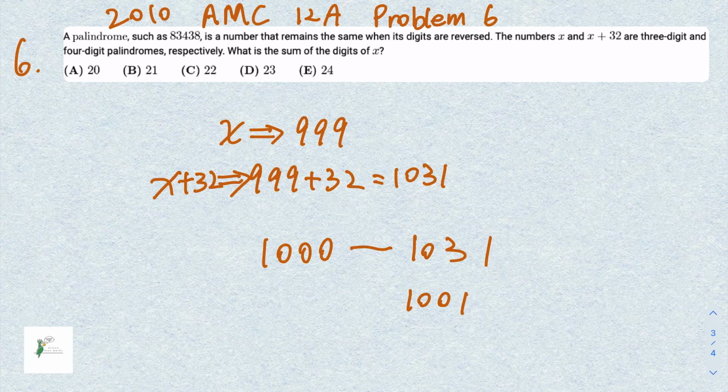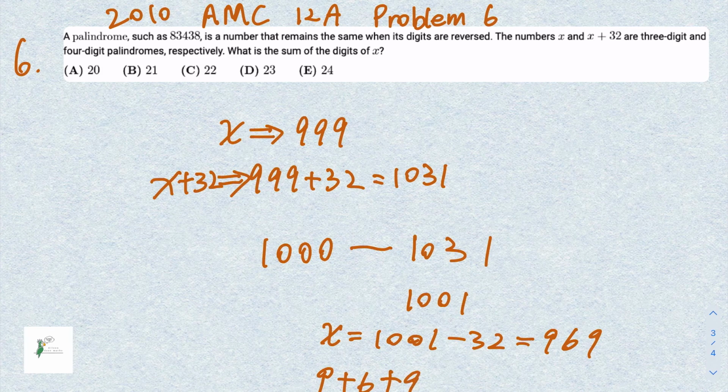And if you want to find x, we'll just subtract 32 from 1001, which is 969. So this is how we find x. Now we just have to add up the digits of x. So we add 9 plus 6 plus 9, which is 24, and it's E.